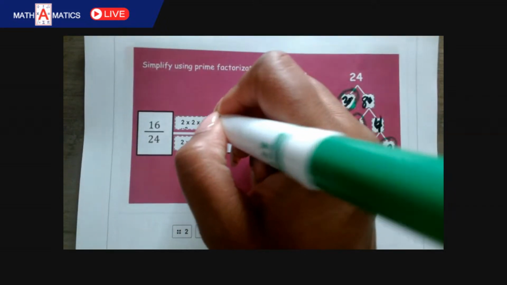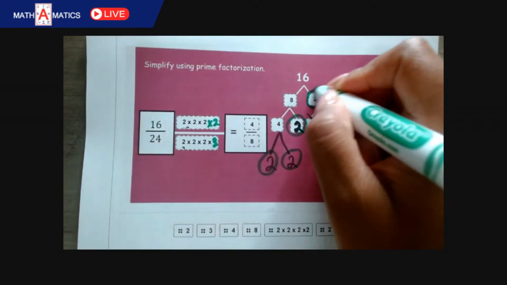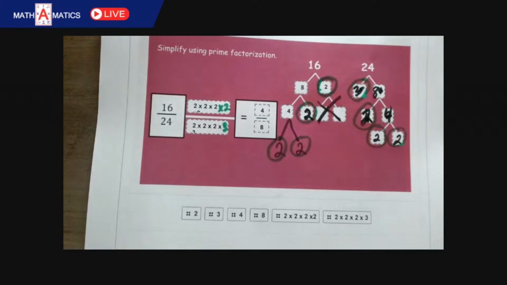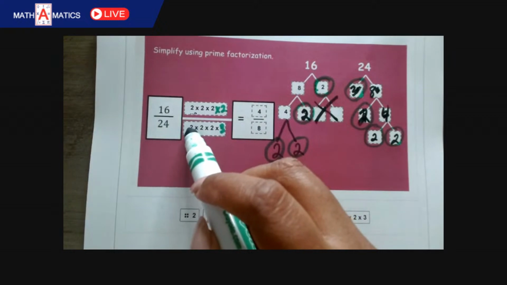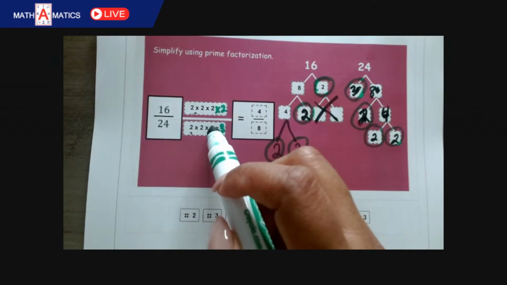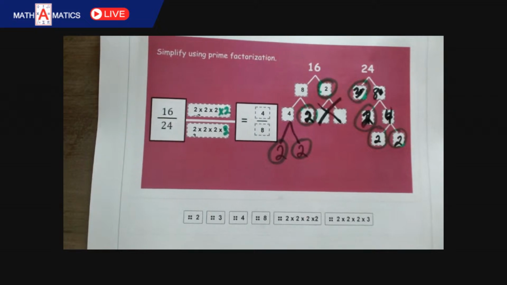So that means we need another 2 here, right? And 8 times 2 is 16. So that's how we can check. And you know what? That's because I'm miscircling our 2 up here. That's how you can make sure that you have the correct prime factorization. So same here, 2 times 2 is 4, times 2 is 8, 8 times 3 is 24. So we know that our prime factorization is right.